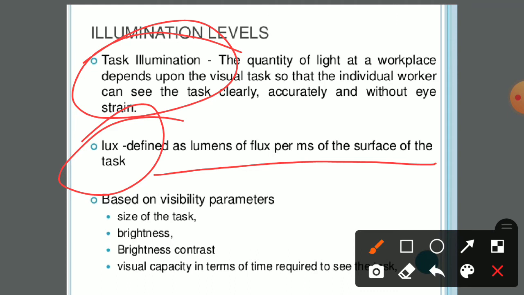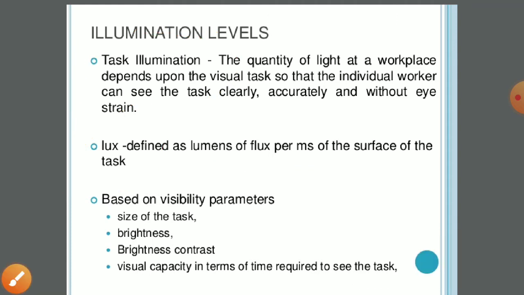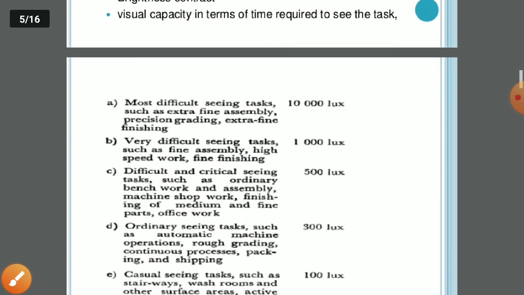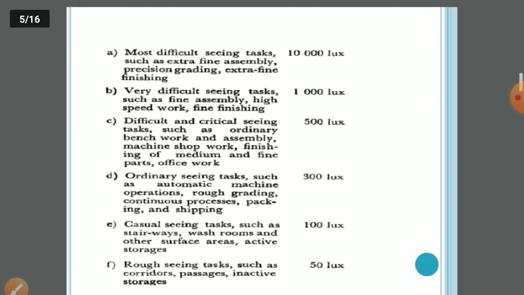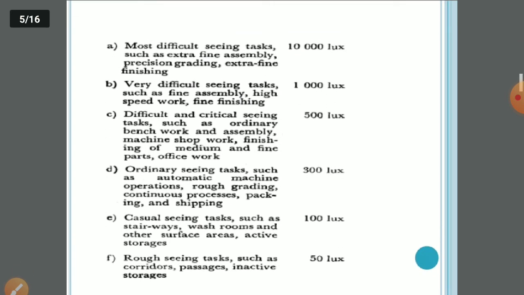Then the visibility parameters: the size of the task, that is the task area, the brightness and contrast required, and the visual capacity in terms of the time required to see the task. You have to consider all those things while designing illumination schemes. As I said, these institutions give you some of the parameters while designing the illumination scheme for different purposes.